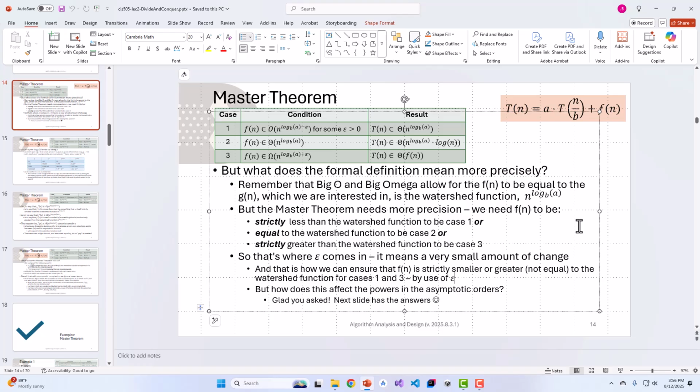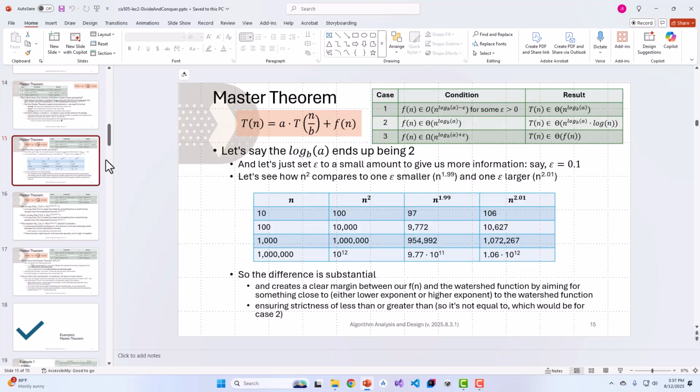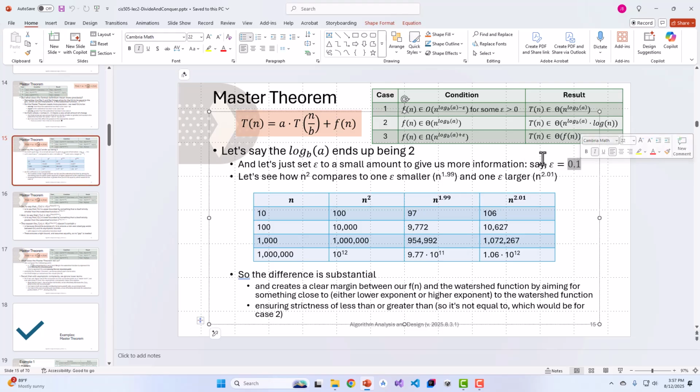But how does that affect powers in asymptotic orders? I'm glad you asked. The next slide has the answer. So let's say that the log base b of a, that's the power of the watershed function, ends up being 2. And let's just set the epsilon to a very small amount, say 0.1. It's kind of arbitrary. We just want it to be small so we can see what the difference is.